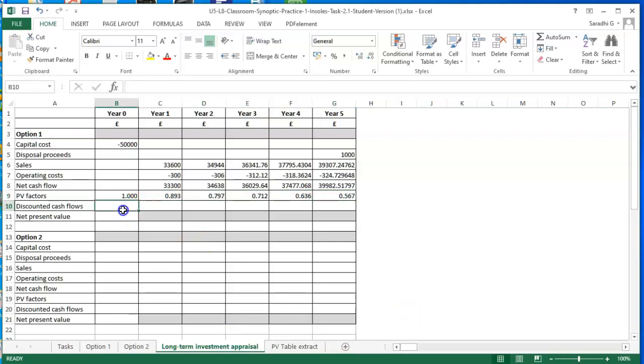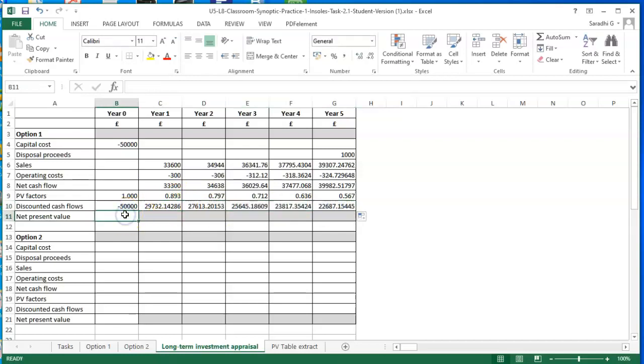Then calculate the discounted cash flow, which for the first one is capital outlay multiplied by the PV factor, whereas for the next ones it will be the net cash flow multiplied by the PV factors. Do this calculation for all the other three cells.